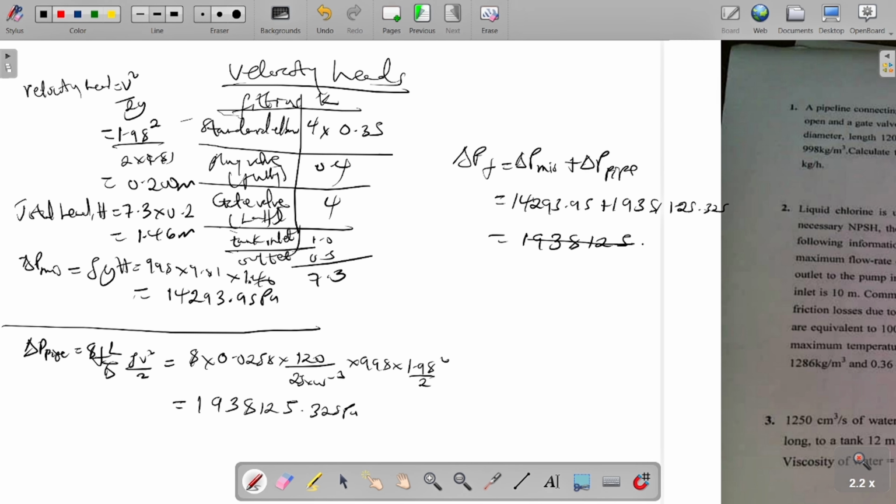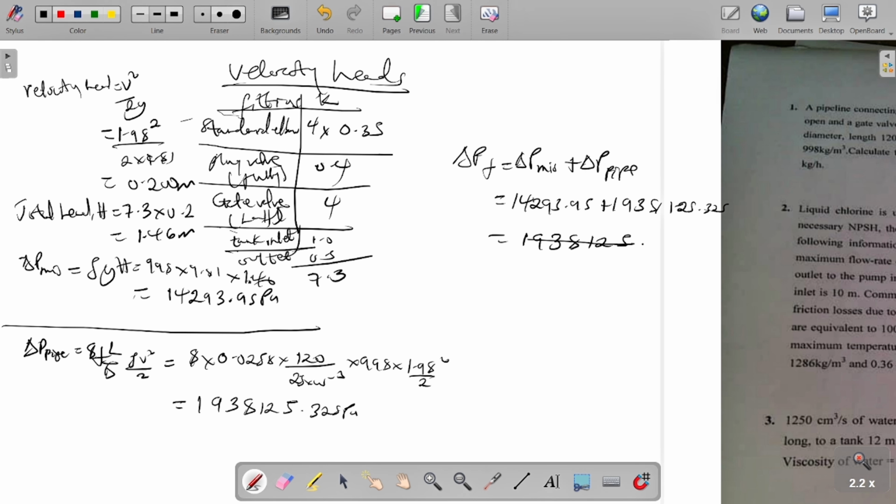This gives me a value of 8, multiplied by 0.0258 multiplied by 120 divided by 25 times 10 to the power minus 3, times 998 times 1.98 squared, right?